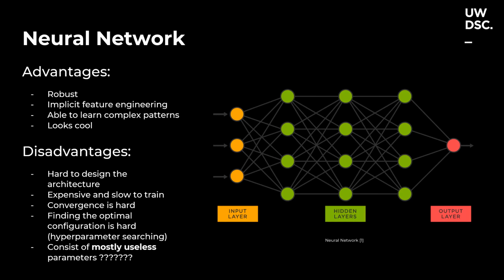And during training, there are many uncontrollable variables, such as the hyperparameters and things like that. Today we'll be talking about sparsity techniques. A neural network like this, or even larger, will mostly consist of useless parameters.